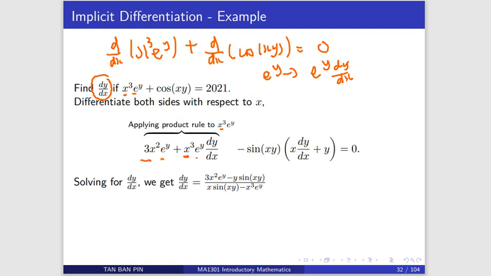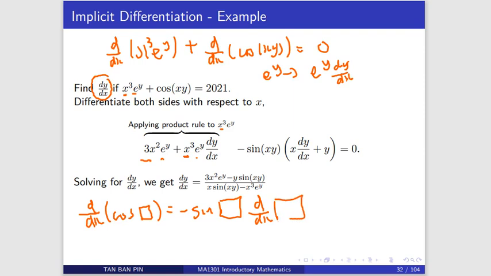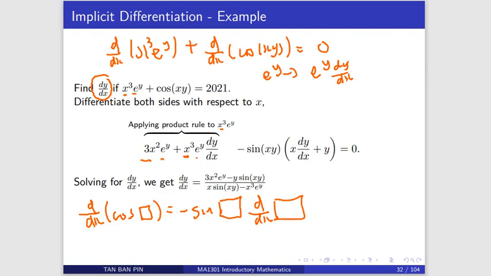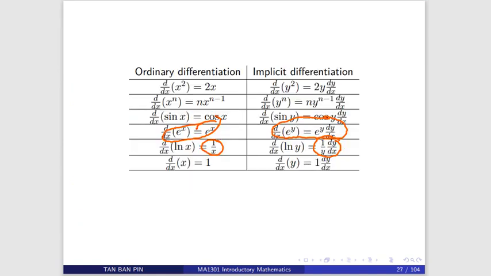Next, we look at differentiating the cosine term. d/dx of cosine box gives you minus sine box times d/dx of box. You can look at the rule for cosine.